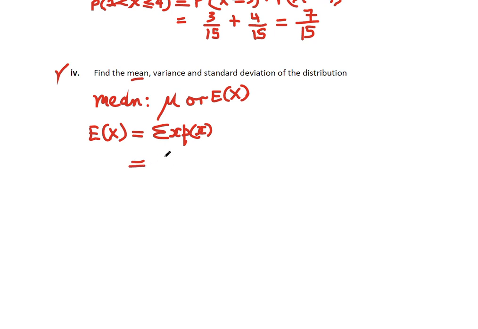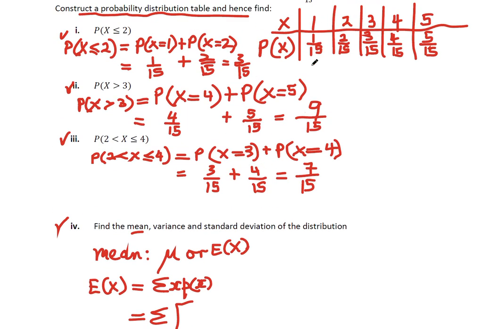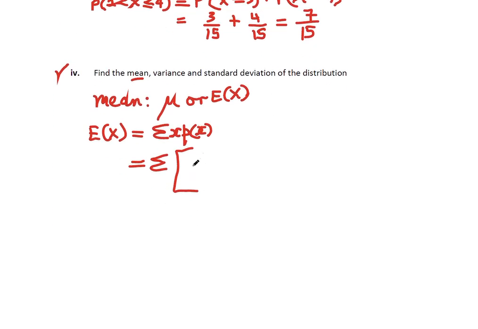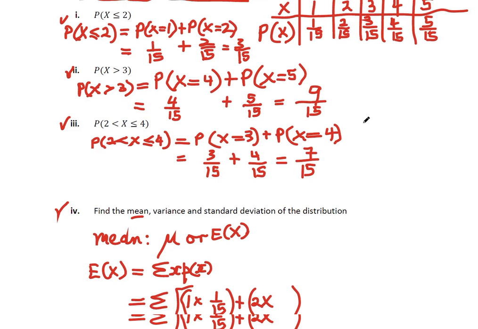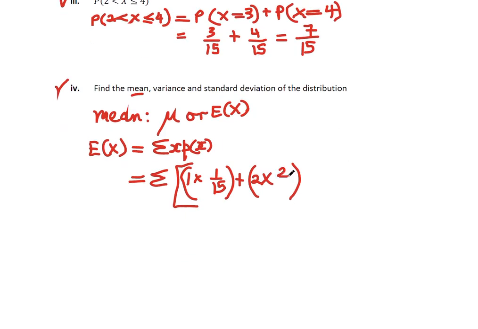So this is going to be the summation of, and then I'm going to open my bracket. This is our summation sign. So it's going to be the summation of 1 multiplied by 1 over 15. We put the different products in brackets for simplicity. So it's going to be plus 2 multiplied by 2 over 15. So we're multiplying each x value by their corresponding probability.